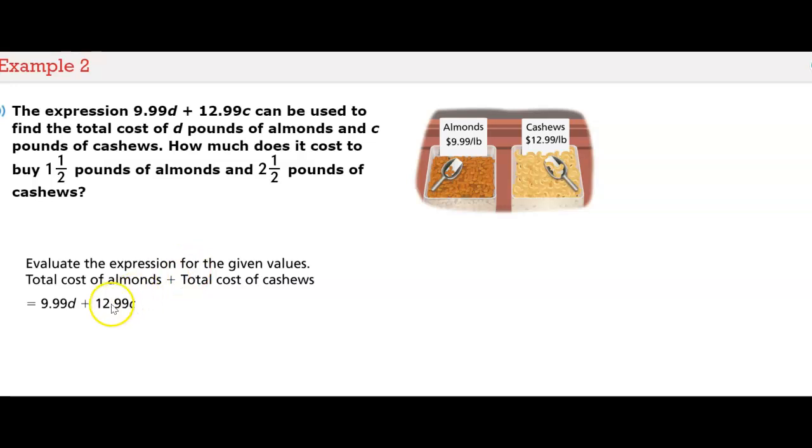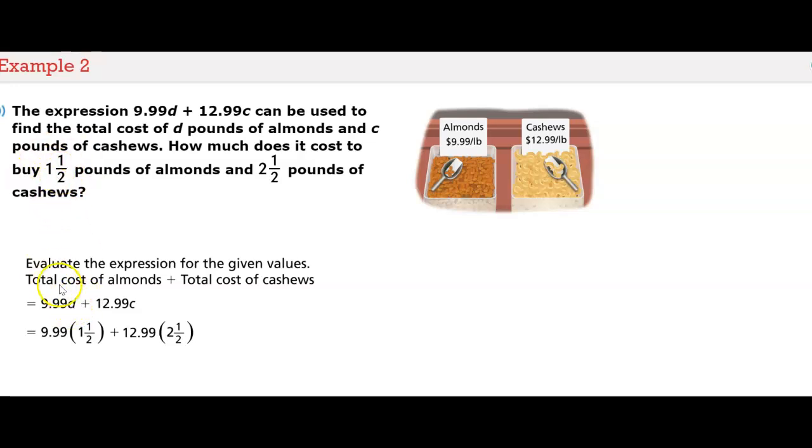The total cost of cashews is $12.99 per pound, and C is going to stand for the number of pounds of cashews that we don't know yet, and we multiply that again to find the total cost of those cashews. Then we are going to take the number of pounds that they tell us, well, how much would it be if you had this number of pounds of this and this number of pounds of that? You take those numbers and you substitute them for your variables.